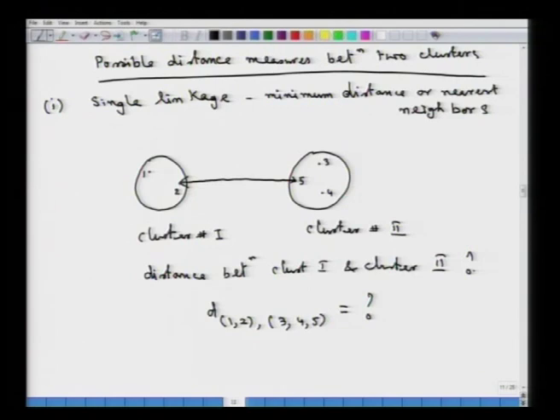So, if we are adopting a single linkage approach, then the distance between the cluster 1, 2 and 3, 4, 5 is going to be given by D25, right.